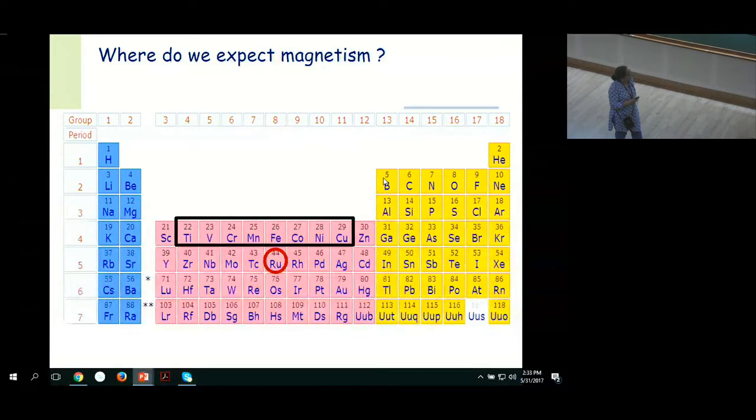When you go beyond the 3D to the 4D, you have some examples among the ruthenides, and more recently among the 5D, you have some examples among the iridates, where complicated spin-orbit physics is also at play. I'm not going to discuss those aspects, but if you ask an experimentalist to make a 4D or 5D transition metal compound, you wouldn't really find magnetism in those materials.